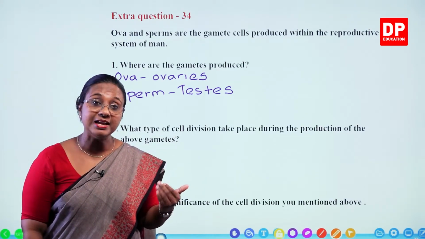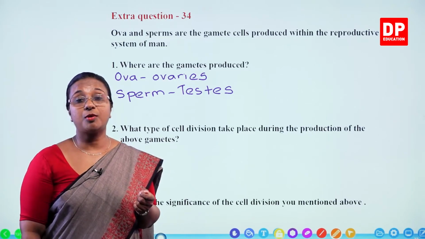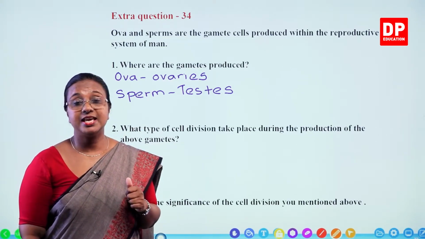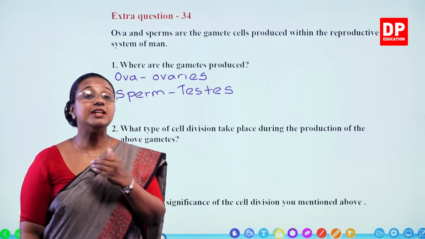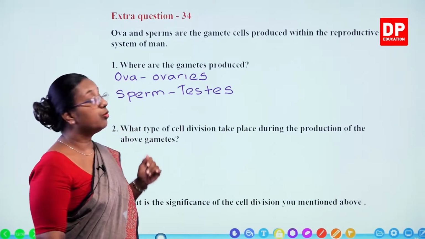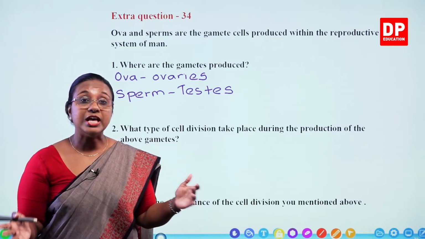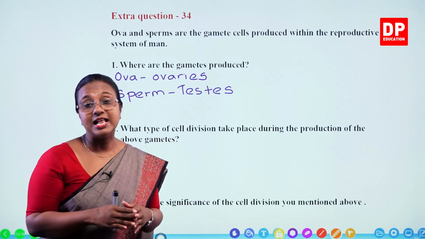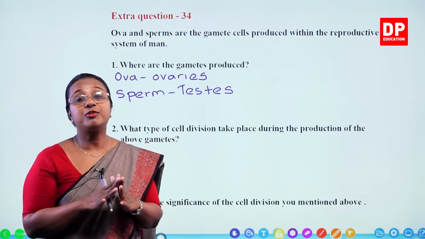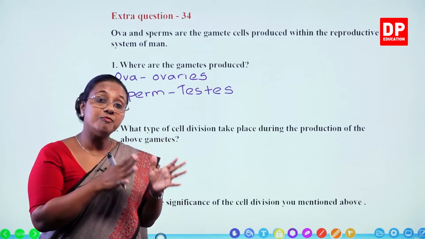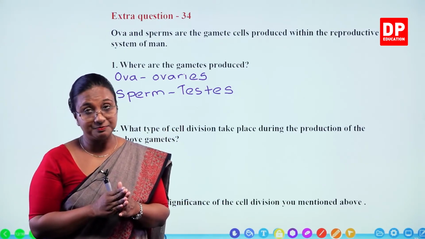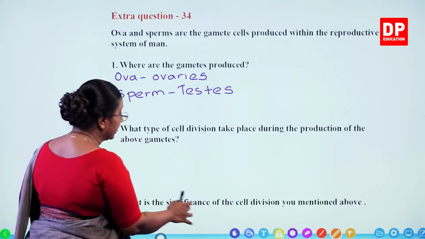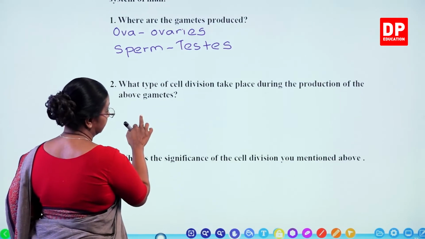That is, in man, we have 23 pairs of chromosomes, and when meiosis takes place, there are only 23 chromosomes in both ovum and sperm. So then when they fuse together, we will have the diploid cell again, so that the number of chromosomes will be maintained from one generation to another. So that is why the meiosis takes place.